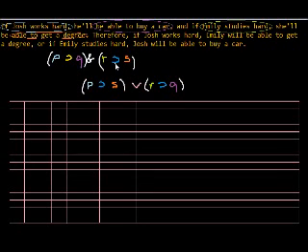So for this connective to be true, it cannot be the case that this is true while both of these are false. So either the antecedents of both of them are false, or the consequents are true.